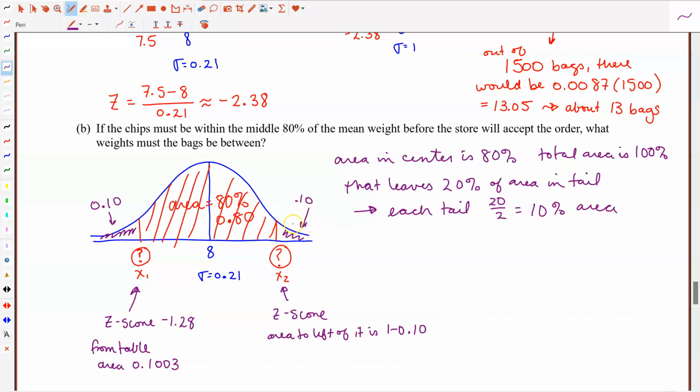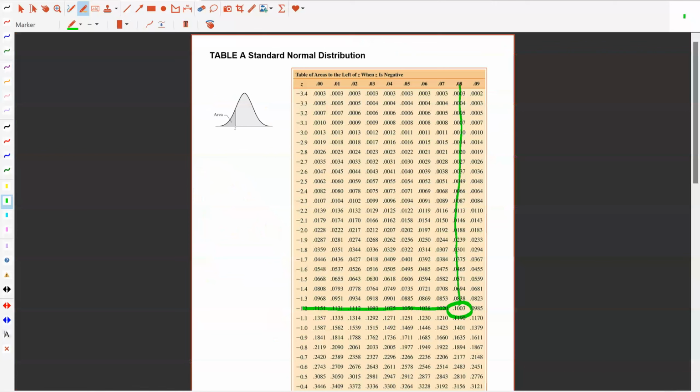Remember, the 0.10 is the area to the right of it, so if I want to get to the area to the left of it, it's 1 minus that value, or 0.90, or 90%. I need to figure that out because my table only gives me area to the left. If you had wanted to take your 80% plus another 10%, you also get 90. It's a different way to think about it, but it also works. All right, so the area I'm looking for is 0.90.